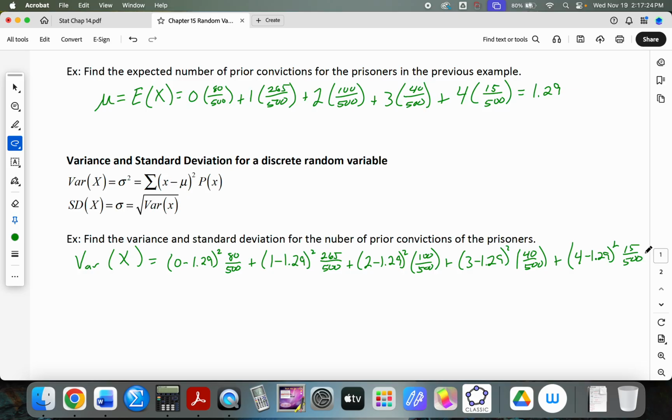What is this measuring? Variance. And we take the square root of the variance to find the standard deviation.